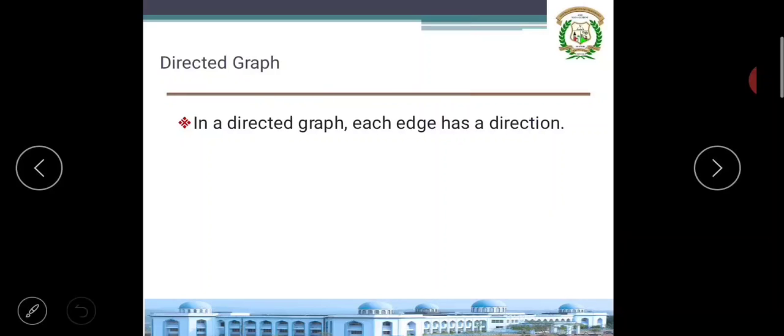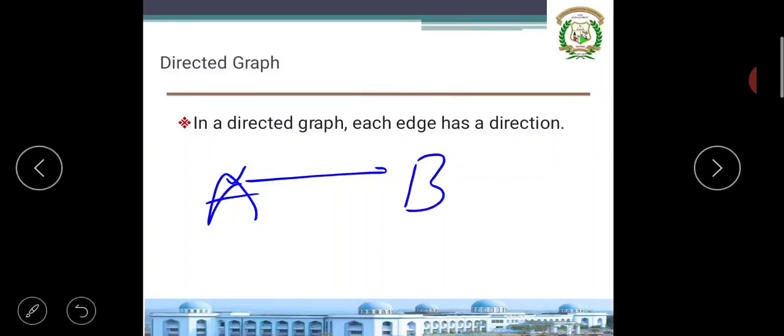Directed graph. What is a directed graph? If the edges have a direction, then it's called a directed graph. For example, no doubt this is a graph. This is A, this is B. Two vertices are there and one edge AB. If I give a direction, then directed edges are available.